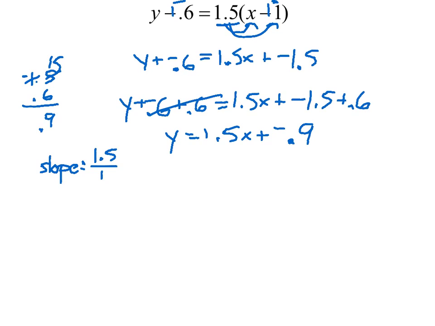Just like any other fraction, we can recognize that to make the top a whole number, all we need to do is multiply by 2. 1.5 times 2 is 3. Bottom times bottom is 2. Now, a lot of you aren't going to immediately always recognize what you have to multiply by to get the top number to be a whole number. So let me give you a hint.